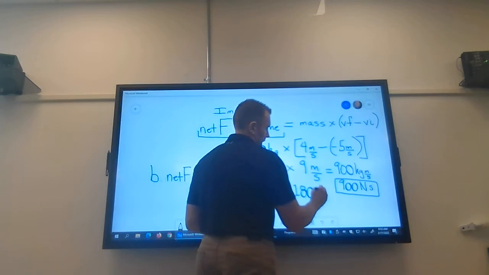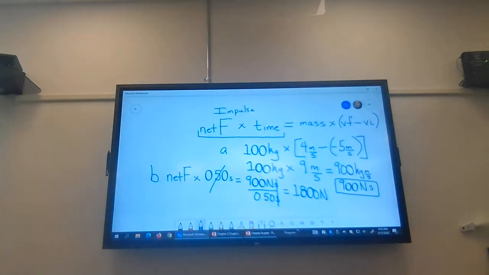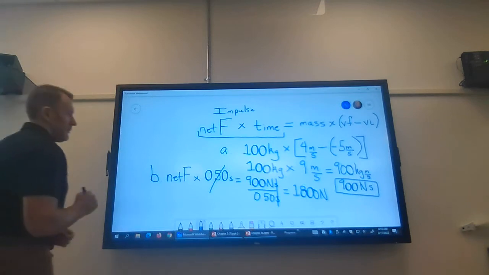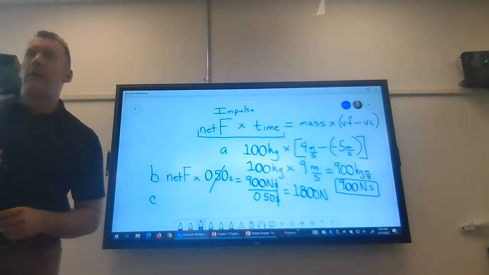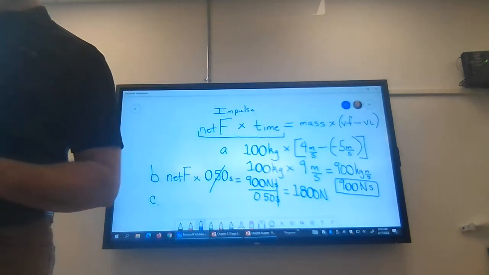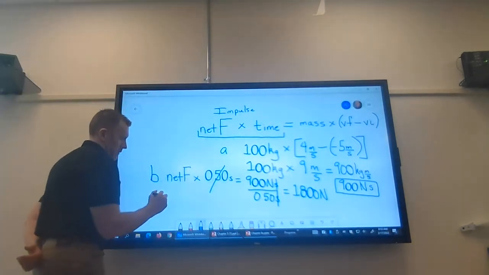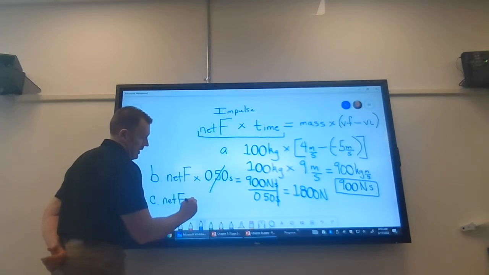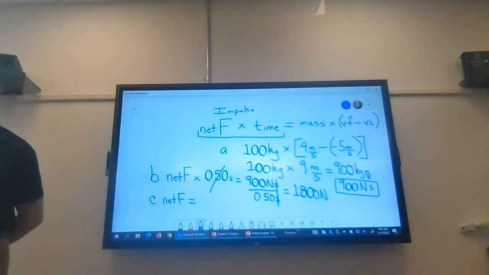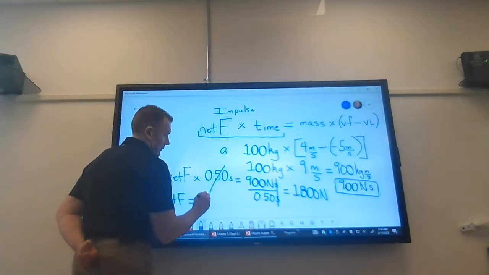Okay, with me so far? So, what does question C ask? What's the reaction force? Reactive force. So our net force is equal to two things. They're collinear forces. You have a positive reactive force.